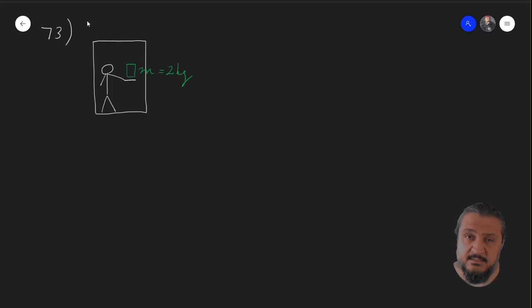And the elevator is moving up with a constant upward velocity of 1.5 meters per second. All right. What is the magnitude of the force of the stone on the man's hand?